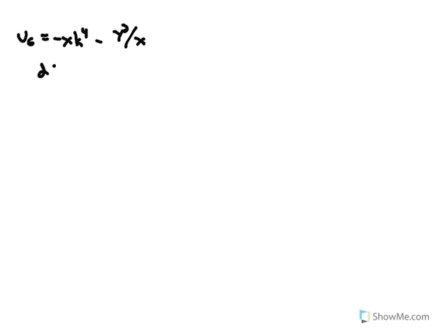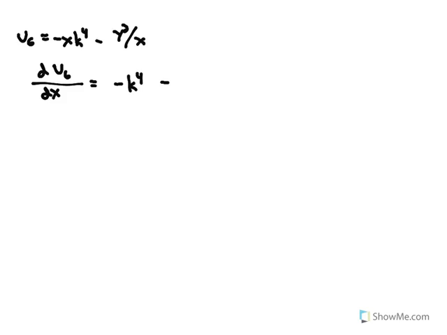Okay, so the derivative of this utility function with respect to x is equal to negative k to the fourth. Because again, k is just a constant, so negative k to the fourth is just some number times x. So the derivative is just that number. The second one is going to be minus, well, what do we have? We have y squared times x to the minus 1.